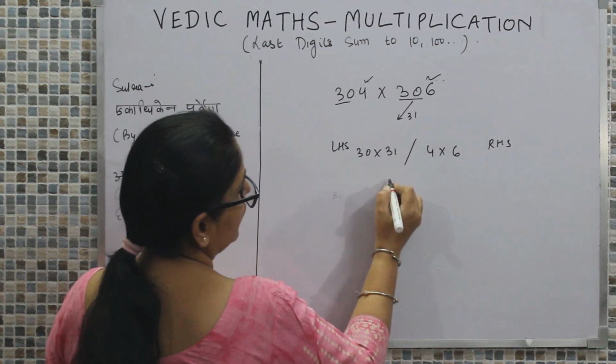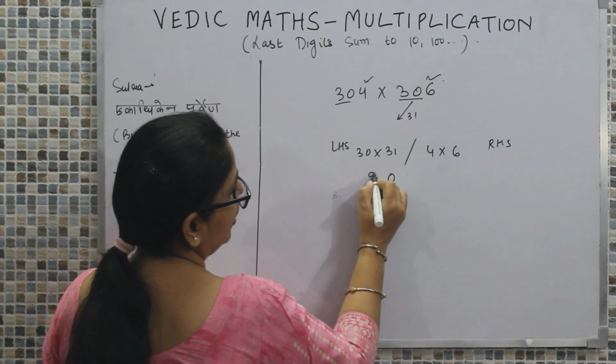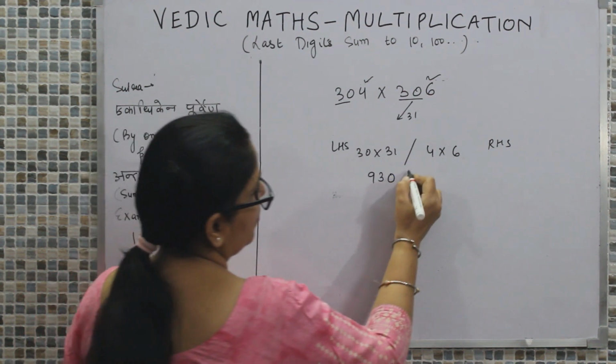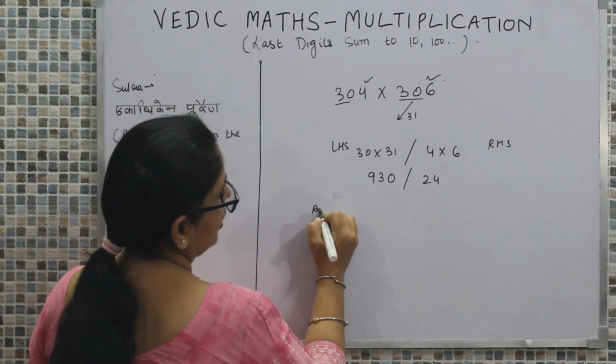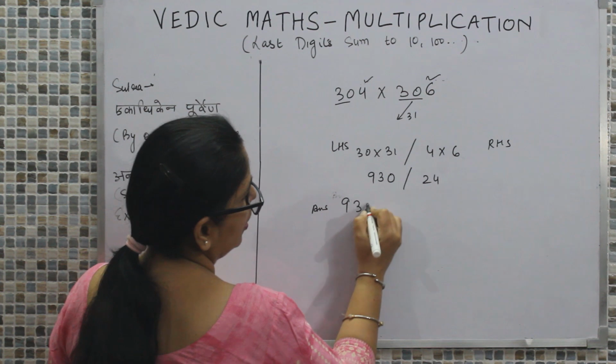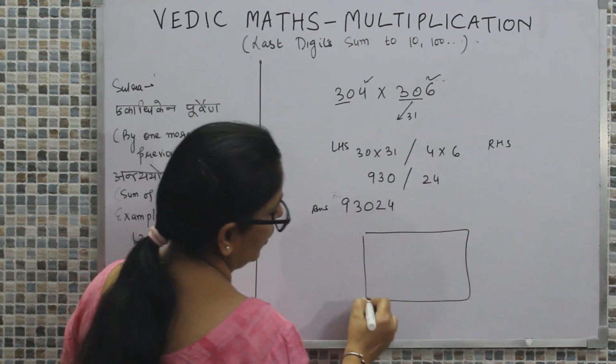So 30 into 31, write 0 as it is, and it will be 3 3s are 9, 930. And this portion, 6 4s are 24. The answer is 93024.